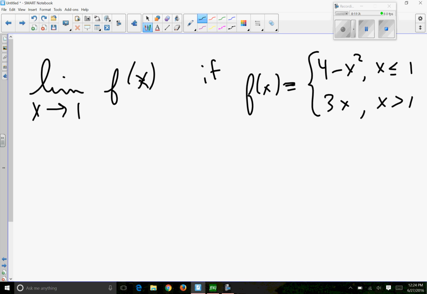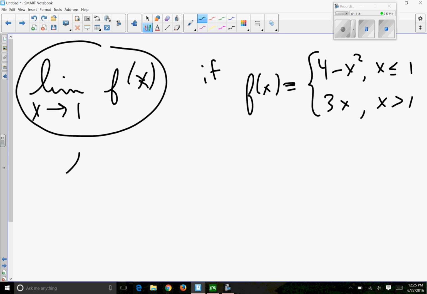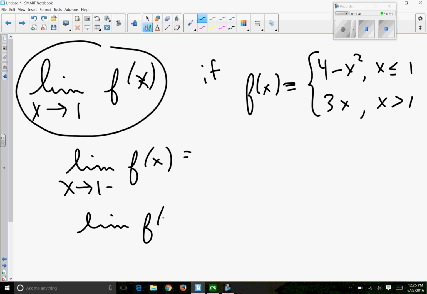We evaluate this limit by evaluating the one-sided limits. That means we find the limit of f of x as x approaches 1 from the left, and we find the limit of f of x as x approaches 1 from the right. If we get different results, then we're going to say this limit up here does not exist.